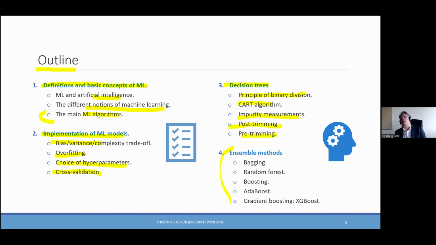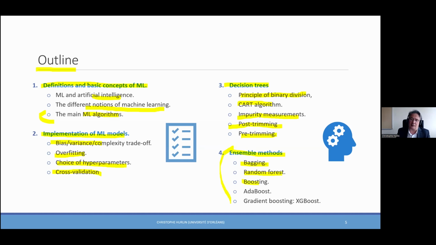And then in the last part, we present what we call the ensemble methods, and especially bagging and a particular case of bagging, which is the random forest.